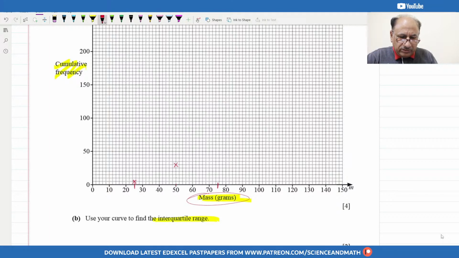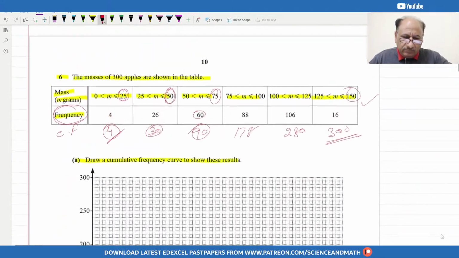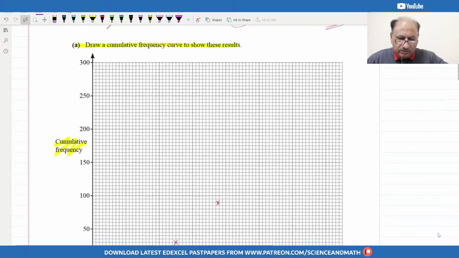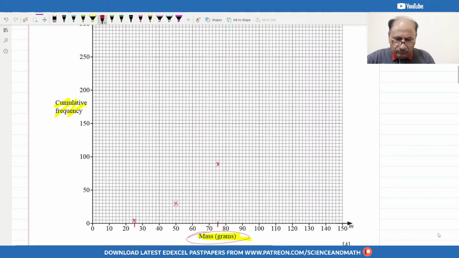So 90 will be a little less than 100, so this will be the mark which we have drawn. And similarly for 100 it is 178, so 100 will be 178, and 150, 160, 178 roughly I'm taking over here.